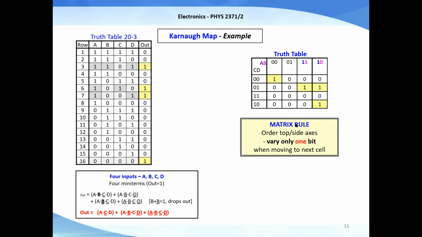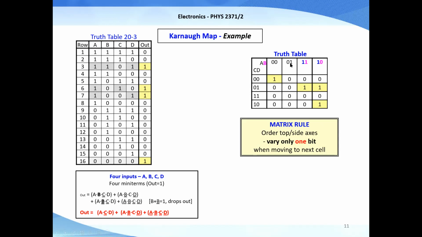Okay, before you set this table up, you have to use these matrix rules. When you set up the individual boxes here, you have to increment only one of the digits. Like from 0, 0, I go from 0 to 1, 0, 1. Now, I can only change one of these digits, so I don't want to change 1 back to 0, because that'd be the same thing as this.